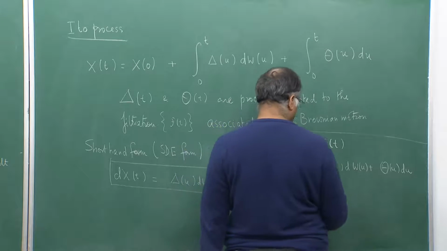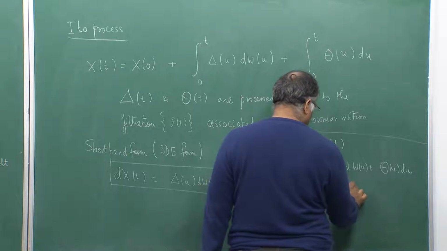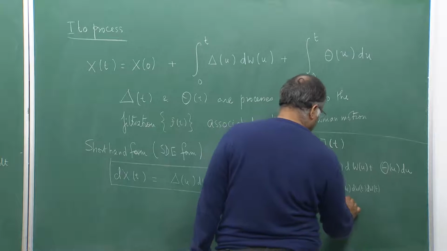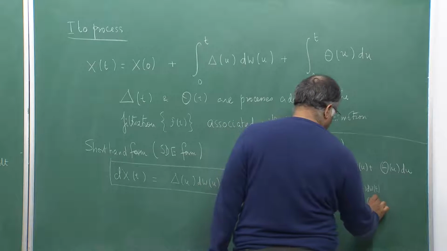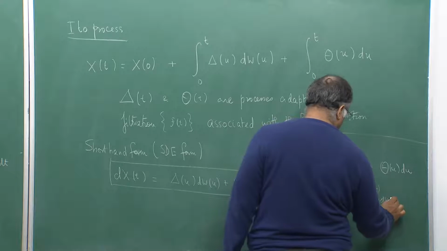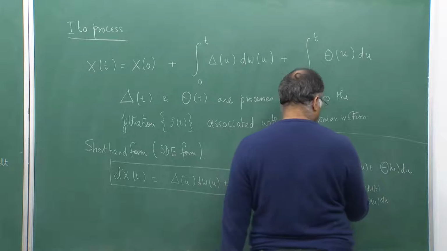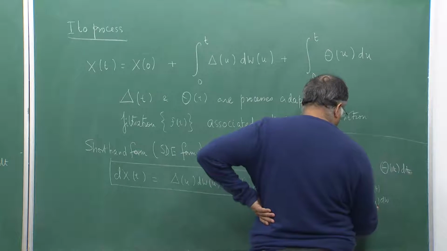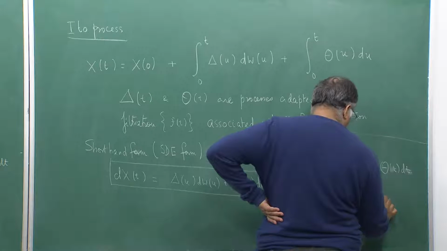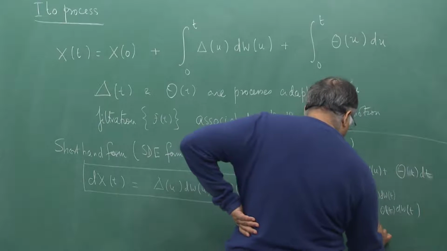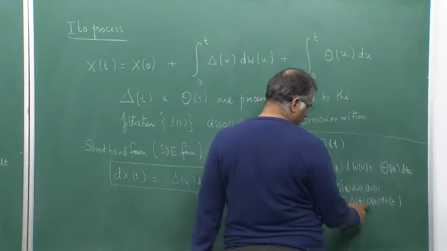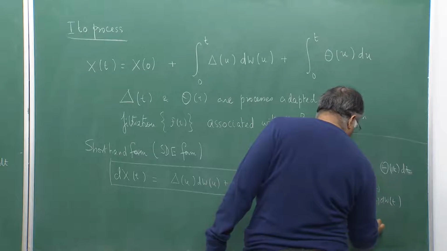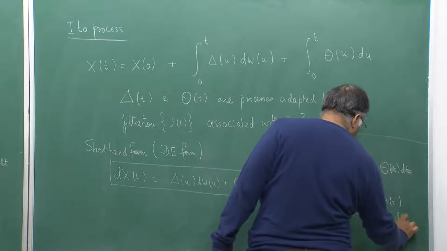So, if you do this, you have delta square u dwt dwt plus delta u theta u dwt, so basically it is 2 delta t theta t dwt, just as when squaring a plus b whole square, and then you are writing this as theta t square dt dt.